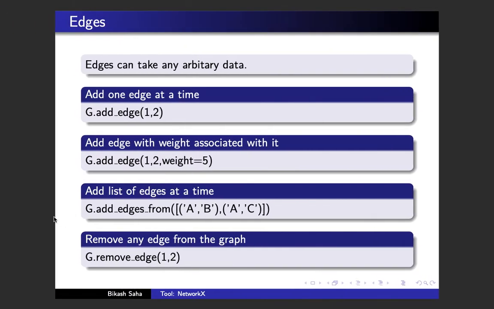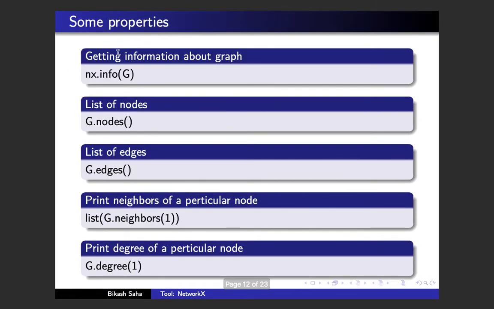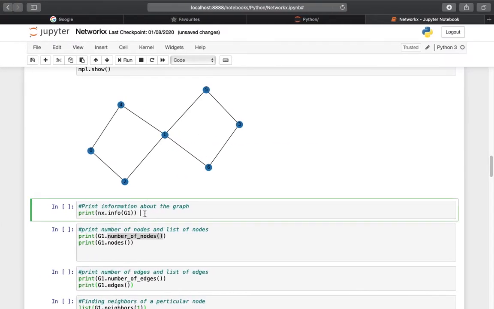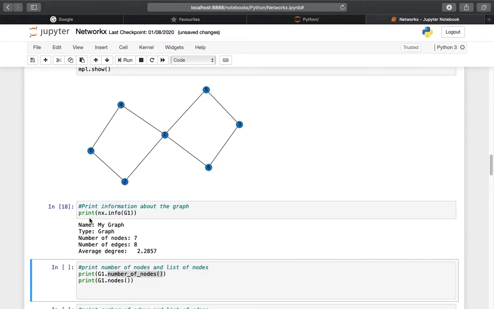Now some basic properties. The info function will print the information about the graph. As I said earlier, you can see print nx.info of G1 prints the information about the graph.